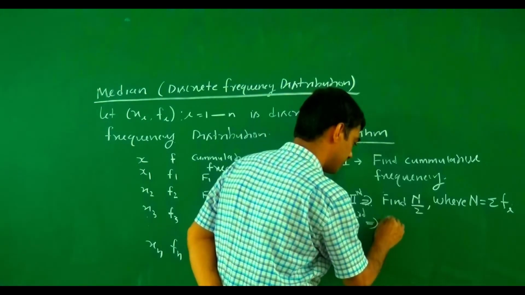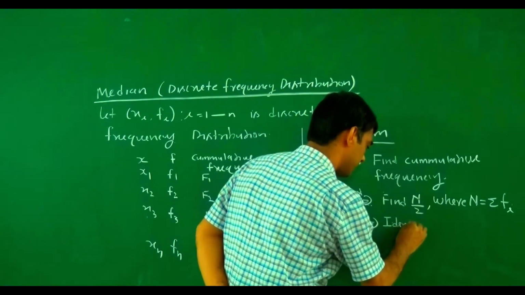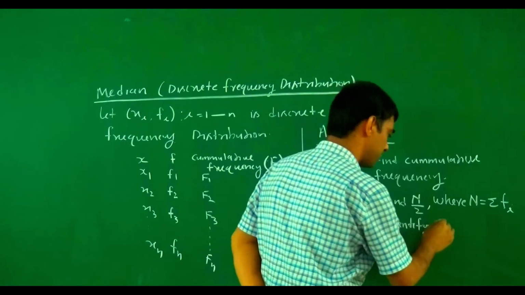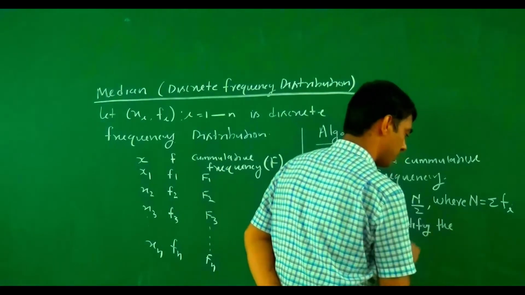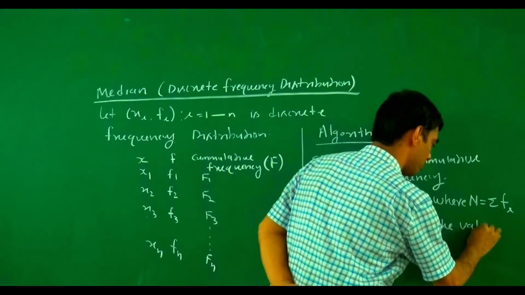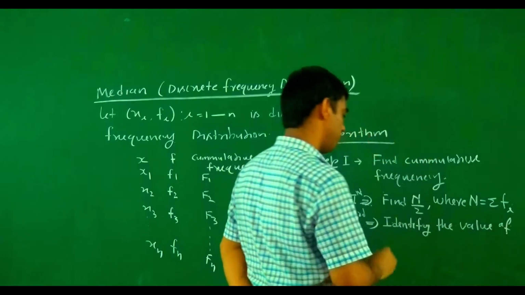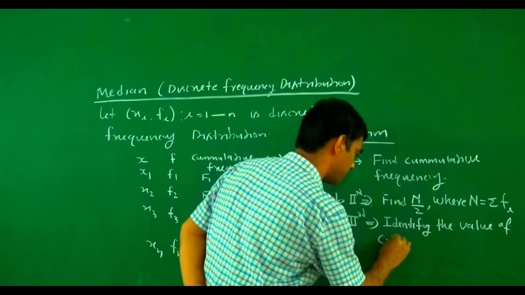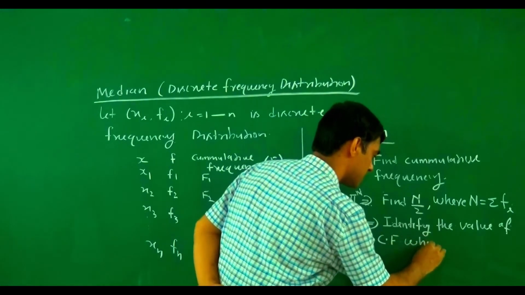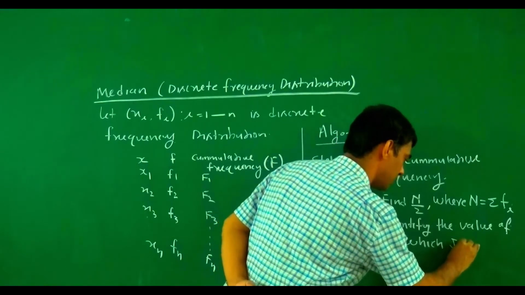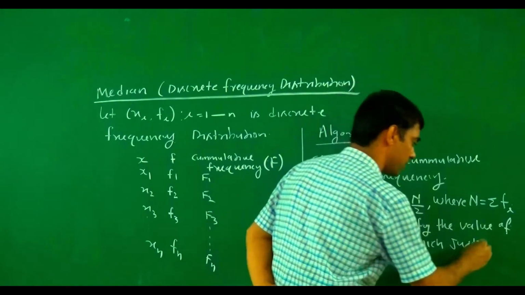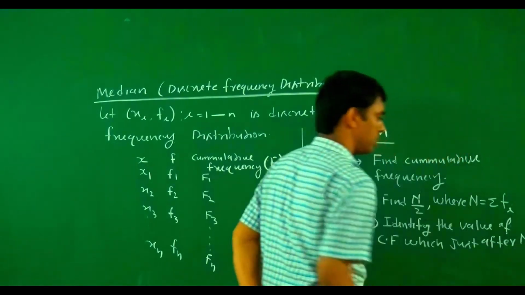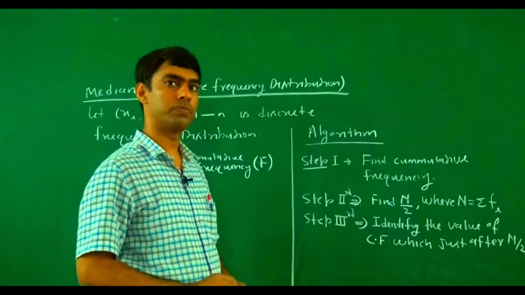So identify the value of cumulative frequency which is just after N by 2. Just after the N by 2.